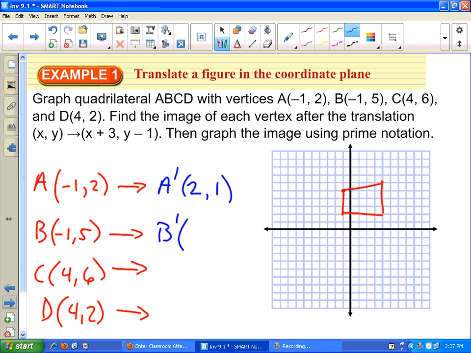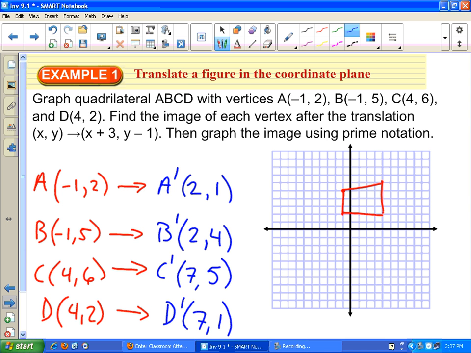B prime: -1 plus 3 is 2, 5 minus 1 is 4. C prime: 4 plus 3 is 7, 6 minus 1 is 5. D prime: 4 plus 3 is 7, 2 minus 1 is 1.